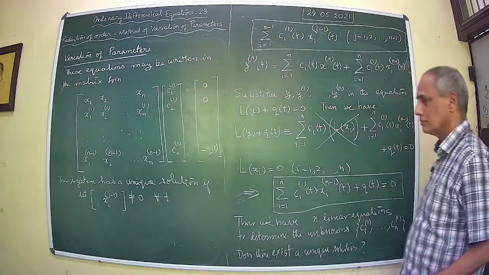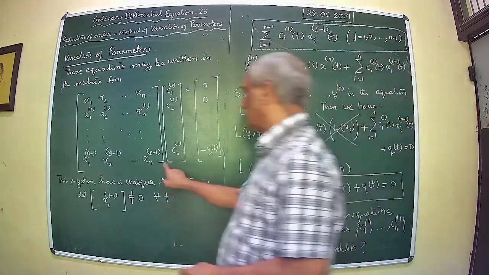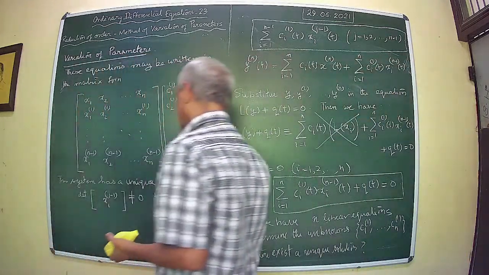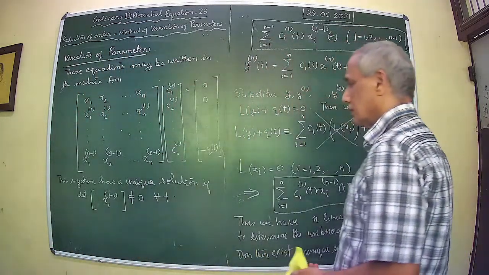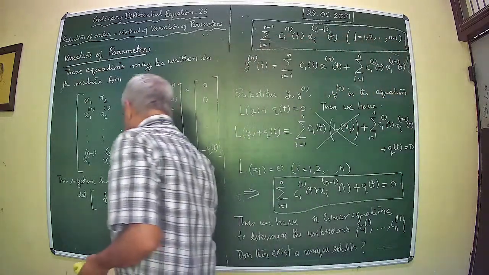That's the condition. That means this particular matrix is invertible. Okay, so this is an n by n matrix.